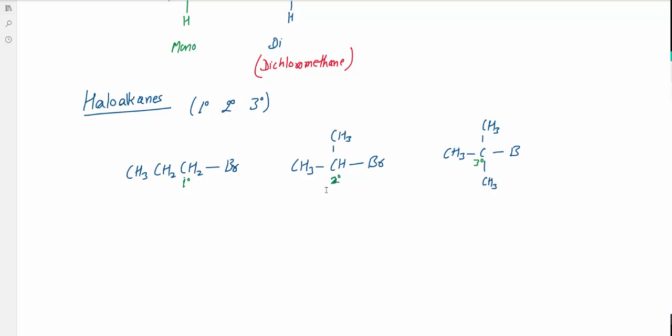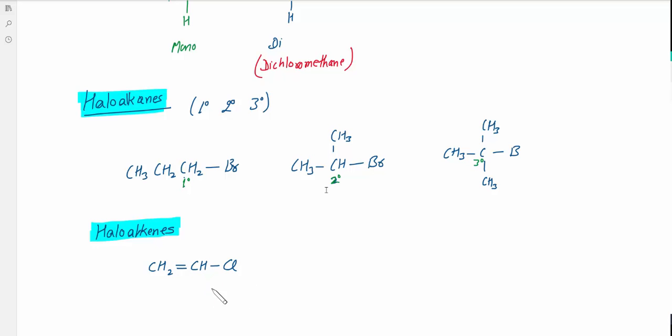Now similarly we see next, that is haloalkenes. As I said, they are also called alkenyl halides, that is, they are derivatives of alkene. So, for example, it can be CH2 double bond CH and after that Cl.